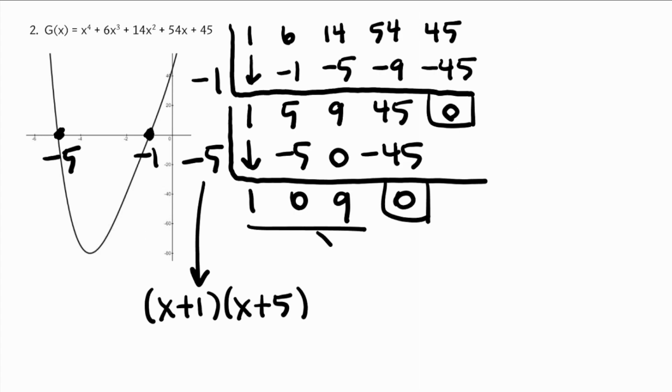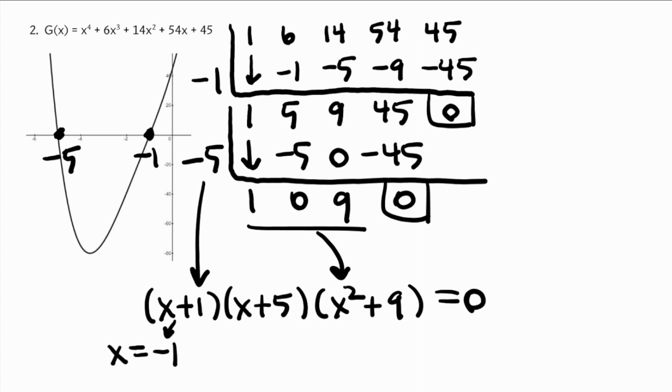And then from these over here, I'm going to get 1x squared plus 0x plus 9. Okay, and if I'm looking for the roots, I need to set it equal to 0. I can get x equals -1 here, x equals -5 there, and then x squared plus 9.